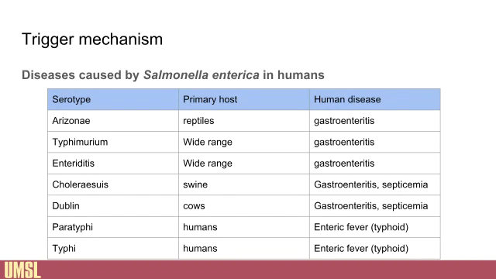Where things get much more nasty are Choleraesuis, Dublin, Paratyphi, and Typhi, and down this list they increase in terms of their nastiness to us.